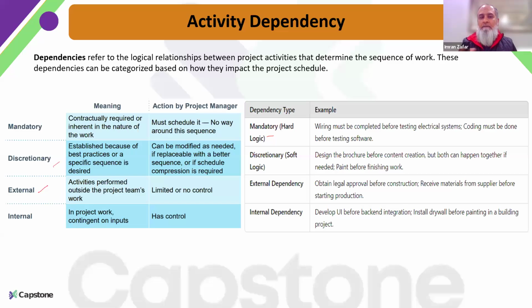But maybe you do not want to follow that as it is. Maybe you decide that if half the work is done, now I can start editing or reviewing it. So this is a kind of soft logic. You can go around the best practice if you need to squeeze your schedule or do something quickly.